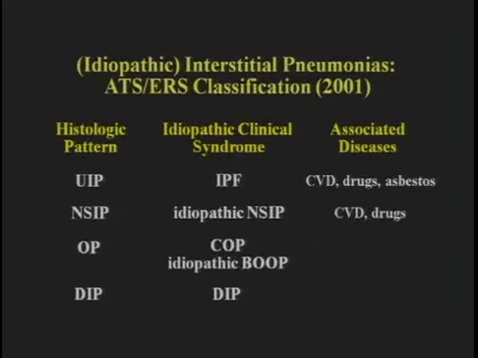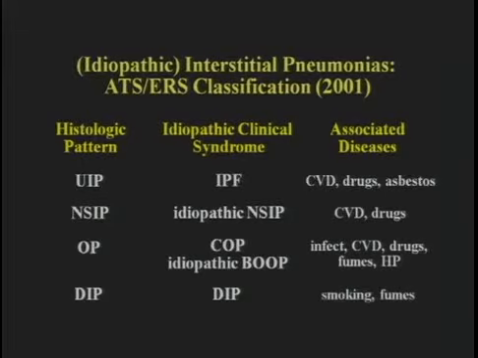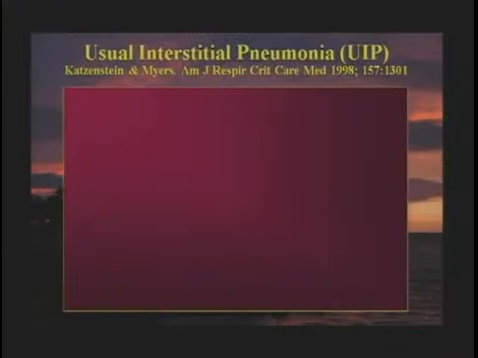NSIP, very commonly associated with collagen diseases, may be a drug reaction, other causes as well. Organizing pneumonia has lots of causes. It may be post-infectious, collagen diseases, drug reactions, inhalation of fumes, may be seen with hypersensitivity pneumonitis. And in the vast majority of patients, DIP is associated with cigarette smoking. So these may be idiopathic or they may be associated with disease.